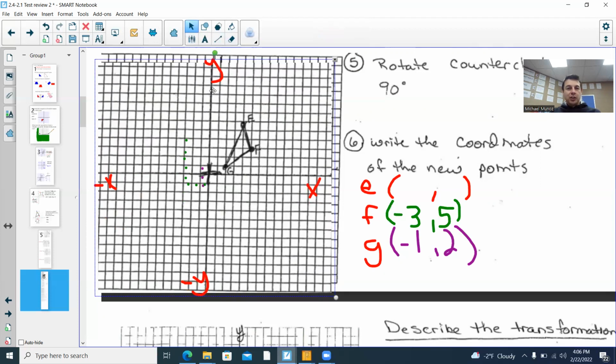And then I'm just going to graph those points that I had. So point F would be -3, 1, 2, 3, up 5, right here. My apostrophe. Point G would be -1, 2. So I go back 1, up 2, right here. 2, 3, 4, 5. Oh, I got to bump this up 1.